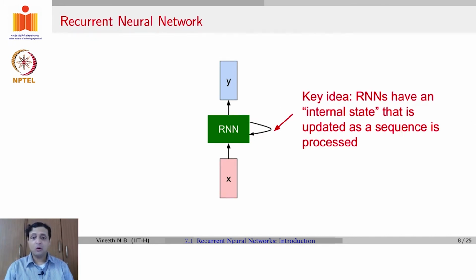The key idea of RNNs is that they have an internal state which is updated as a sequence is processed. One could view this internal state as some kind of memory that retains some information from past data of the same time series. This idea is something that we'll talk about later this week also.